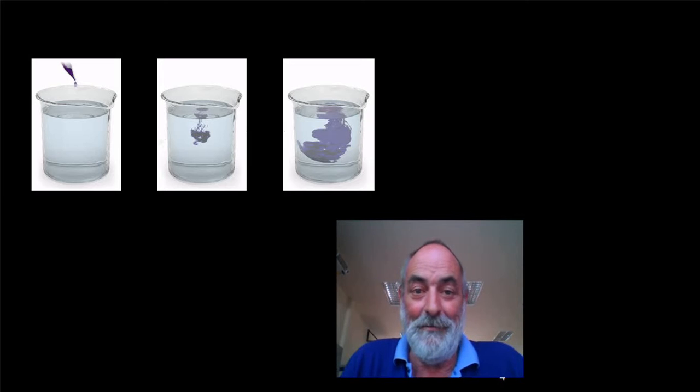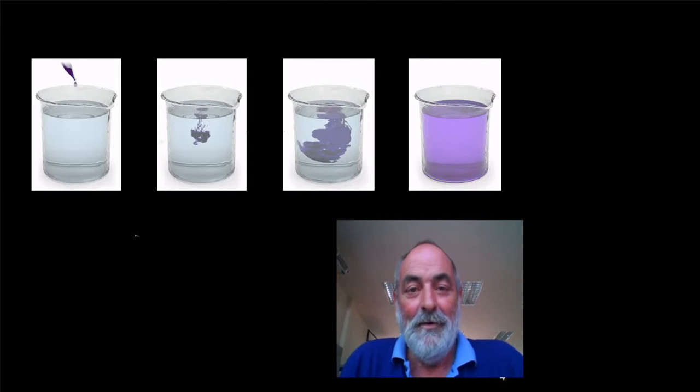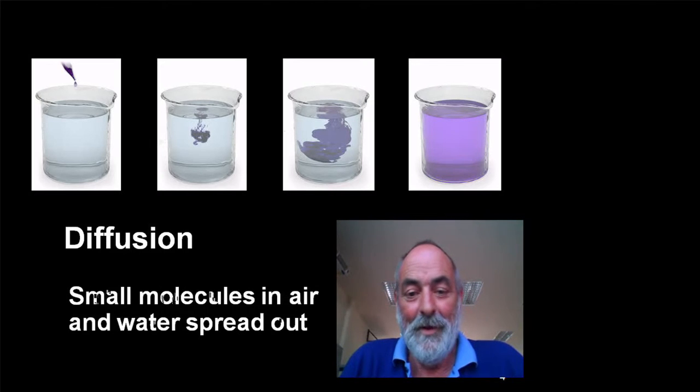And after many hours, you can see that all the molecules of the ink have spread out evenly all through the water. This is diffusion. Diffusion is when small molecules in air or water spread out evenly in the space available.